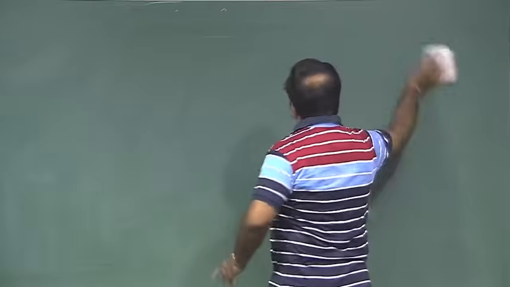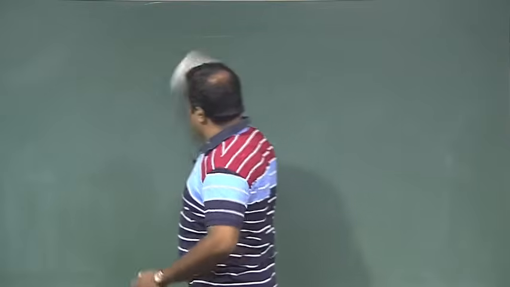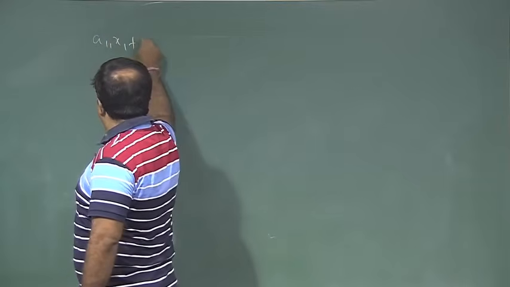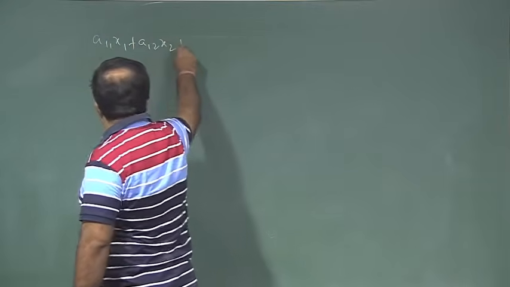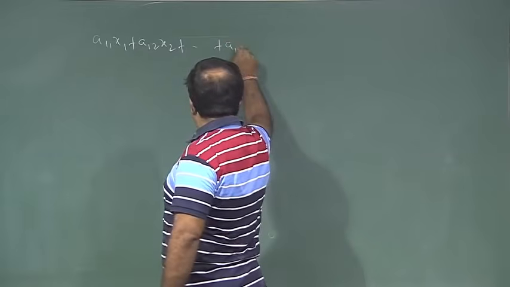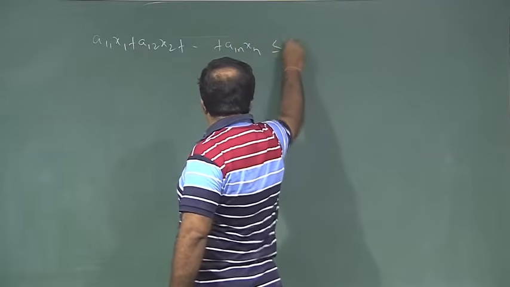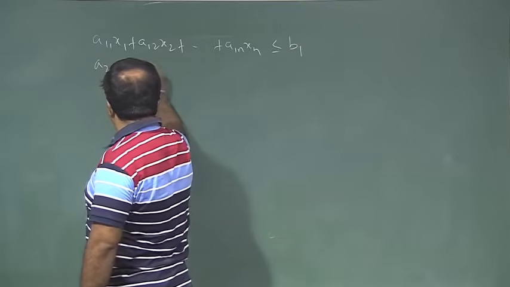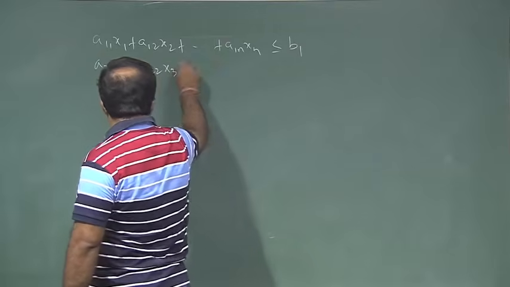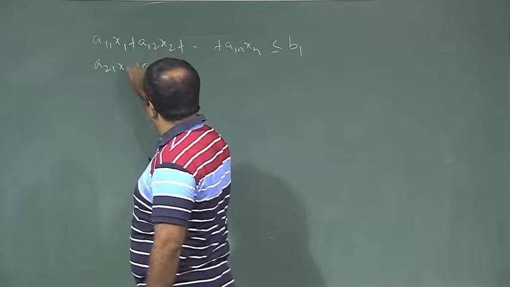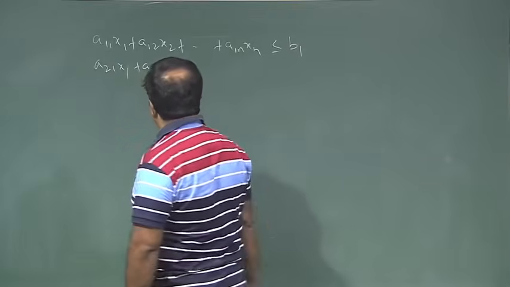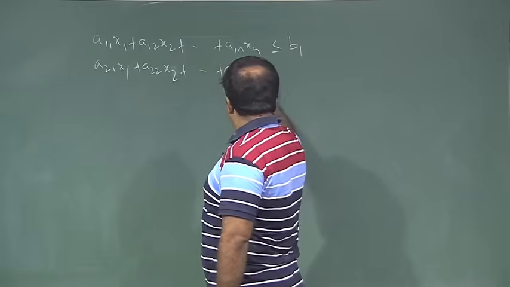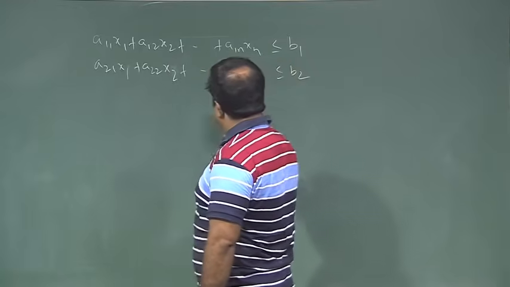An LPP basically has some linear constraints, like a11 x1 plus a12 x2 plus up to a1n xn less than or equal to b1, then a21 x1 plus a22 x2 plus up to a2n xn less than or equal to b2.